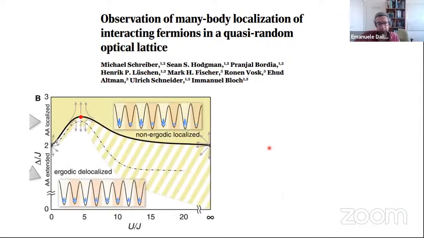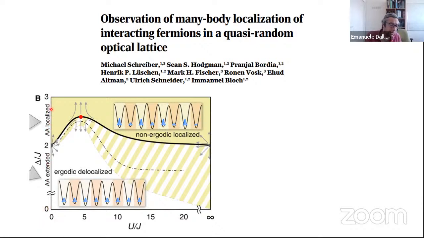Okay, this is what is done here. So let me now guide you through this. What is the theoretical expectation? This graph is as a function of U over J, the interaction, and this is a function of disorder. So let's start on the x-axis, on the y-axis. Here there is no interactions.